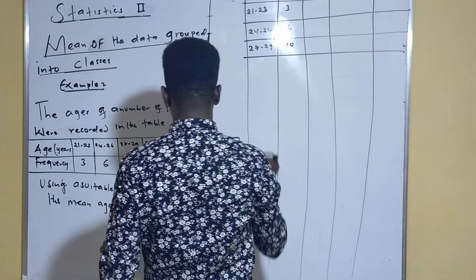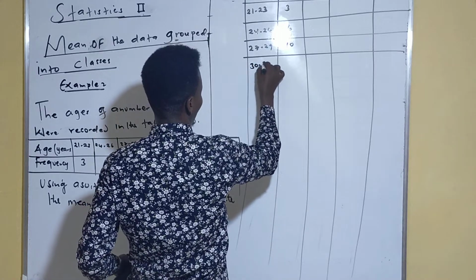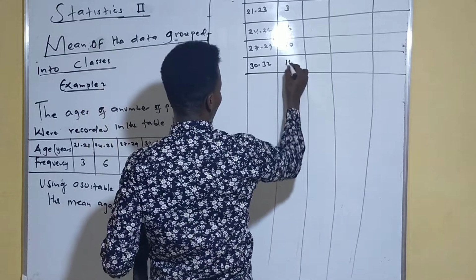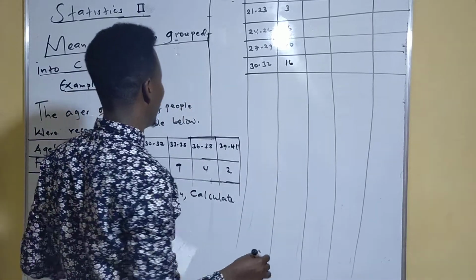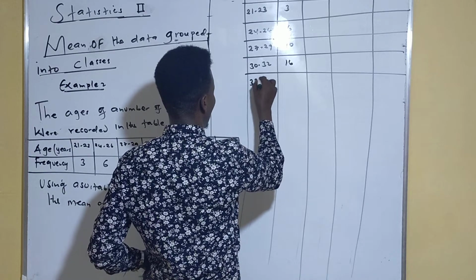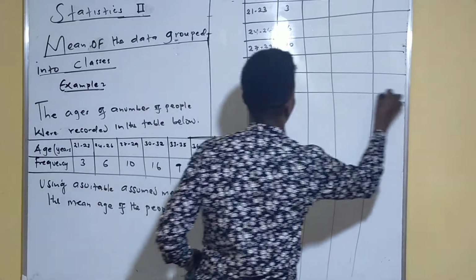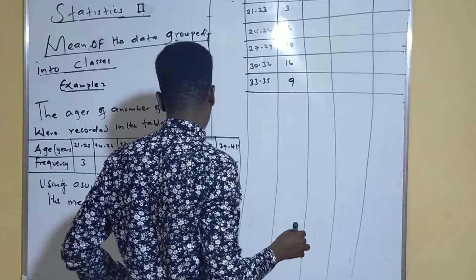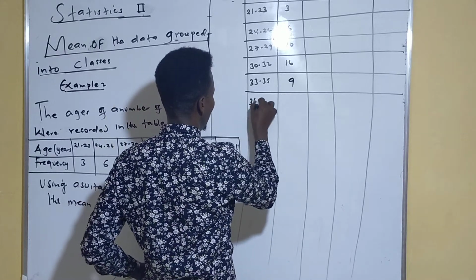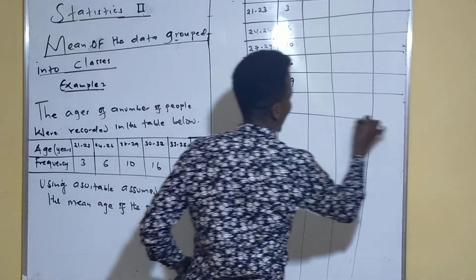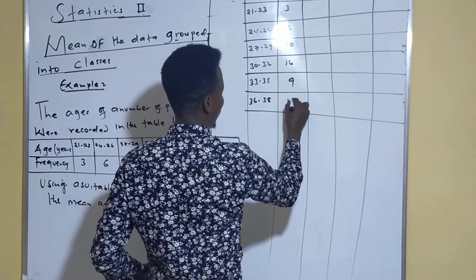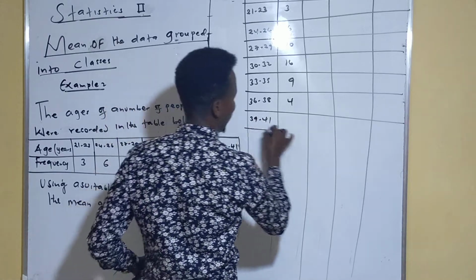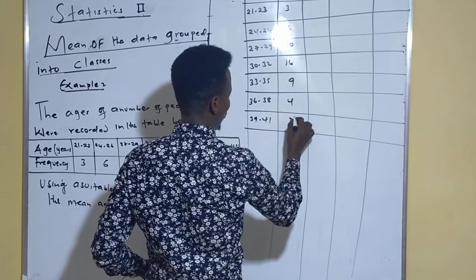Then 30 to 32, I will have 16. Then 33 to 35, I will have 9. Then 36 to 38, I have 4. Then 39 to 41, I have 2.